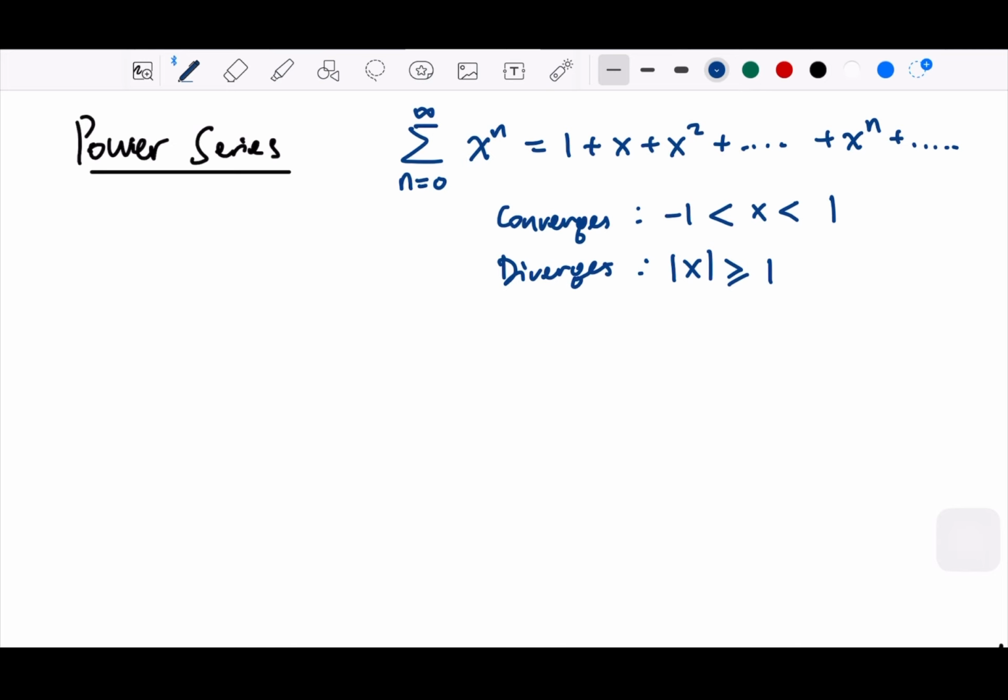And if we take x equal half or any constant in that range, we will get the convergent series, again through the geometric series, right?